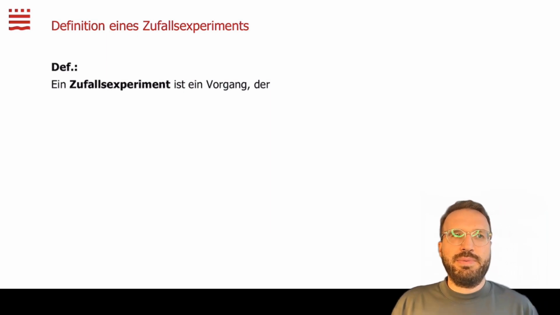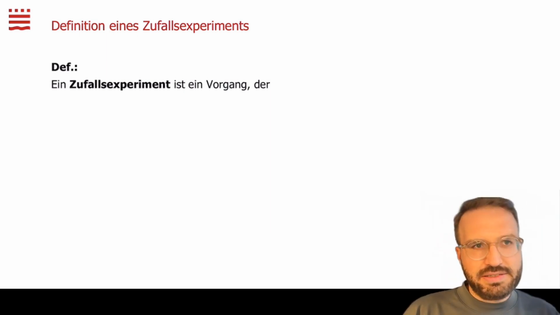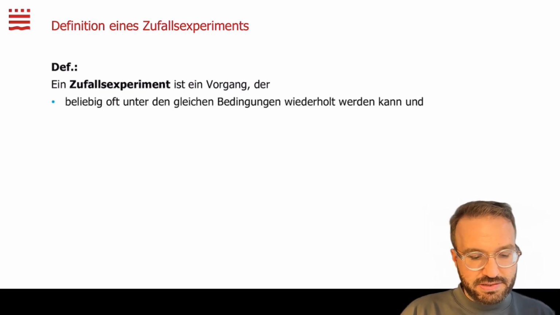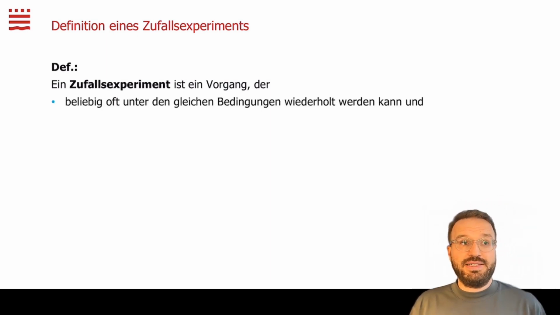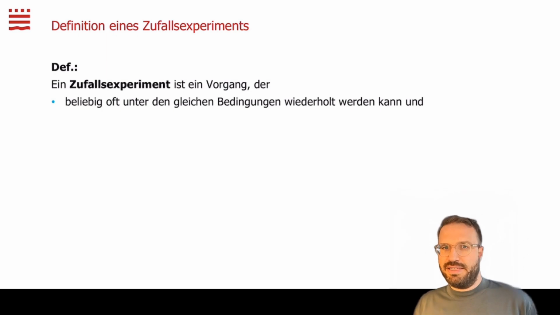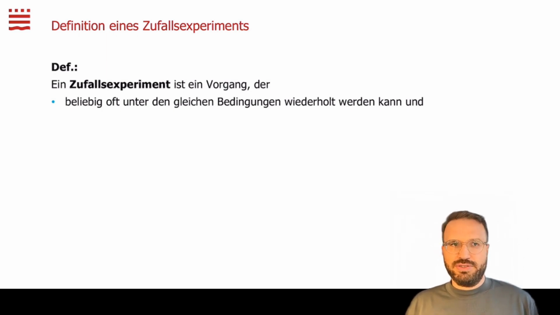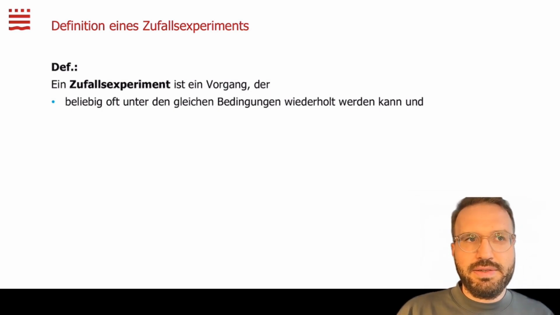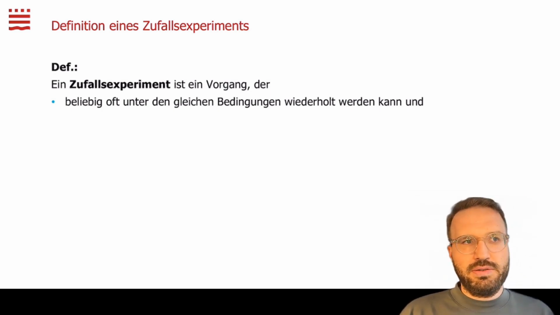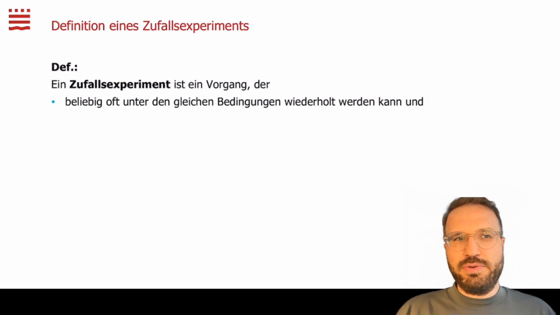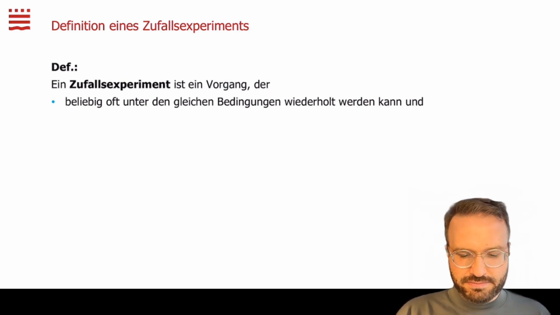So, a random experiment is a process that has various properties. First, we can repeat it any number of times under the same conditions. I can perform this experiment as many times as I want, so to speak. It doesn't just disappear at some point. Rather, I am able to carry it out any number of times.